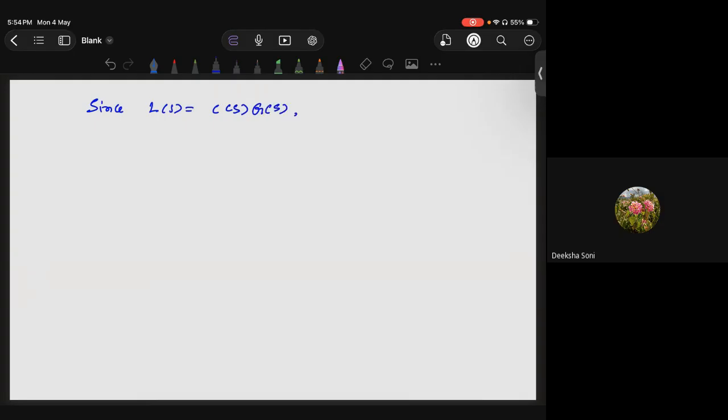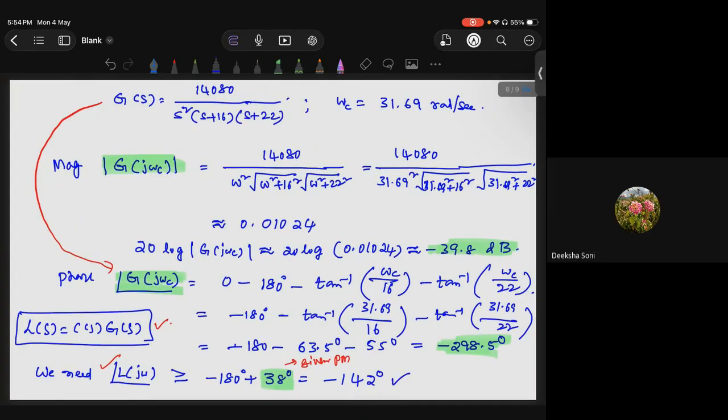So the compensation needs to be boosted. The required phase angle boost from the compensator C of S at the particular omega C should be how much? We have minus 142 here, and this is after compensation, this is before compensation.